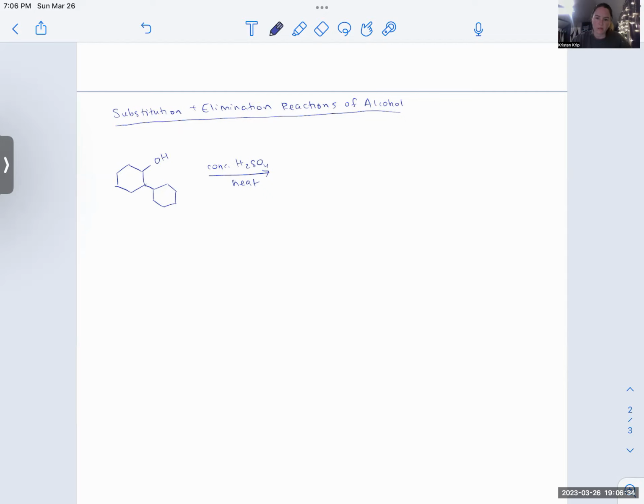So I guess for this one, it's kind of important to remember the mechanism. So we've got H2SO4, which looks like this.